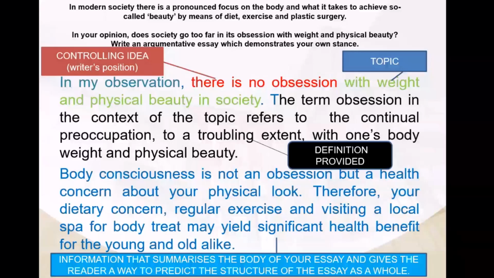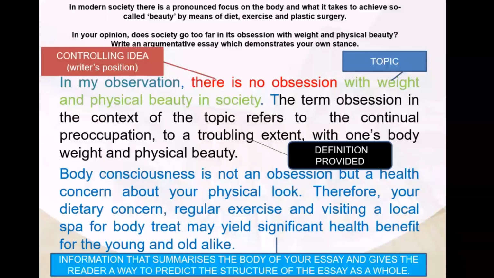So he sees benefit in regular exercise, in dietary, in eating proper, healthy food, in visiting a local spa for treating the body. He sees this as a way of keeping healthy and not as an obsession in order to look beautiful physically and also being occupied with losing weight.